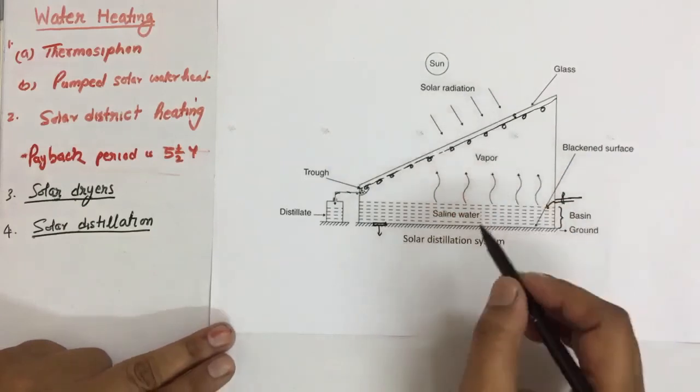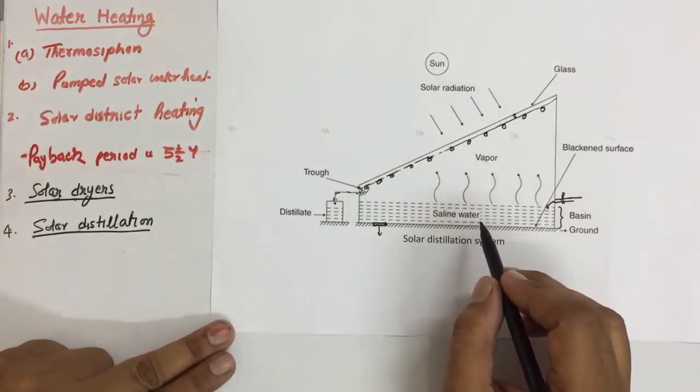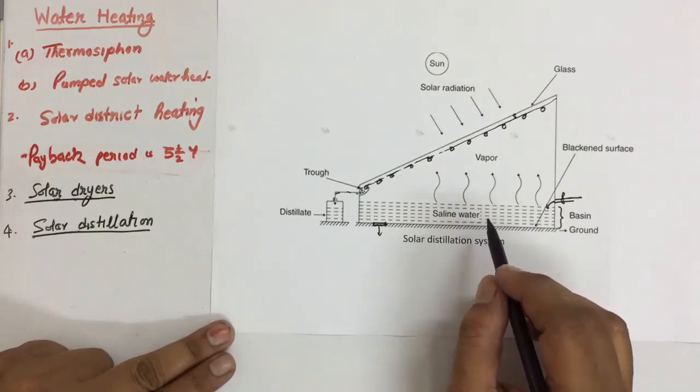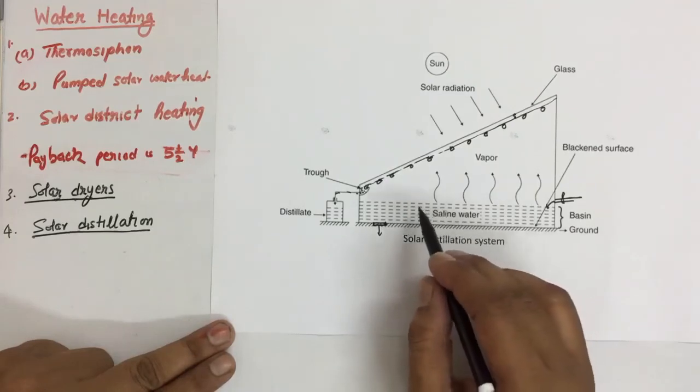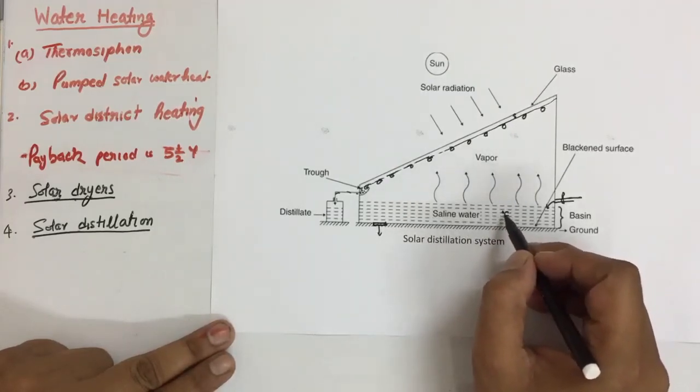Solar radiations received by the black surface are absorbed effectively, and heat is transferred to the water in the basin, and the temperature of the water increases.